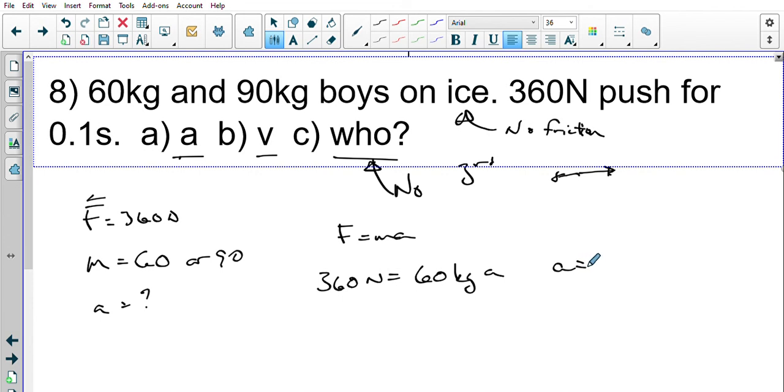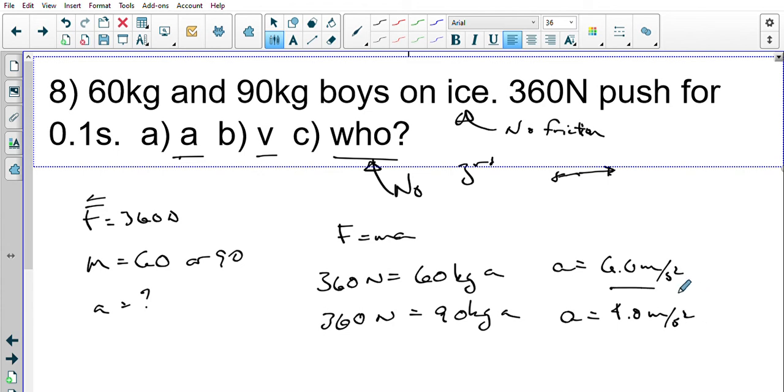The acceleration for that boy then is 6 meters per second squared. Likewise, for the other one, 360 newtons is equal to 90 kilograms times a. A comes out to be 4.0 meters per second squared. These are the accelerations that the two boys would feel.